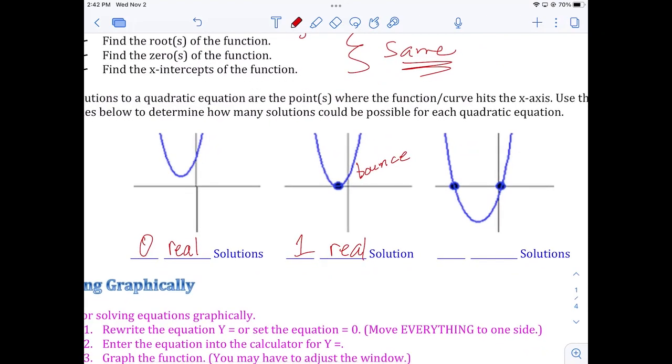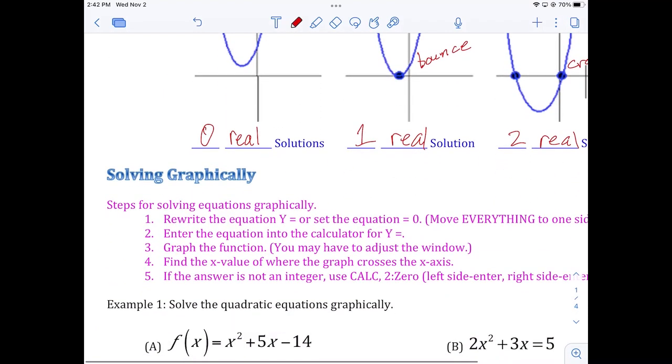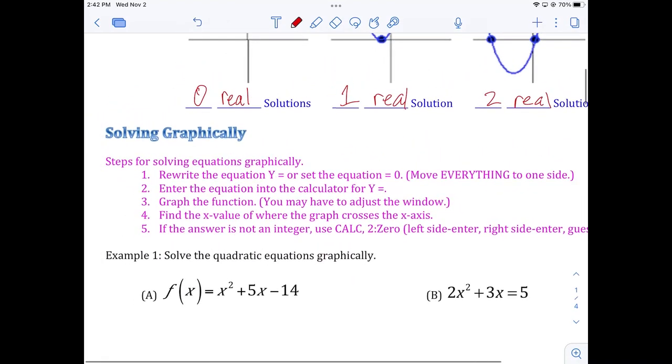And over here, if it is a cross, it just crosses straight across, then there are 2 real solutions. And we know that we can also find imaginary or complex solutions when we encounter an equation that has a negative under a square root. That's a possibility.